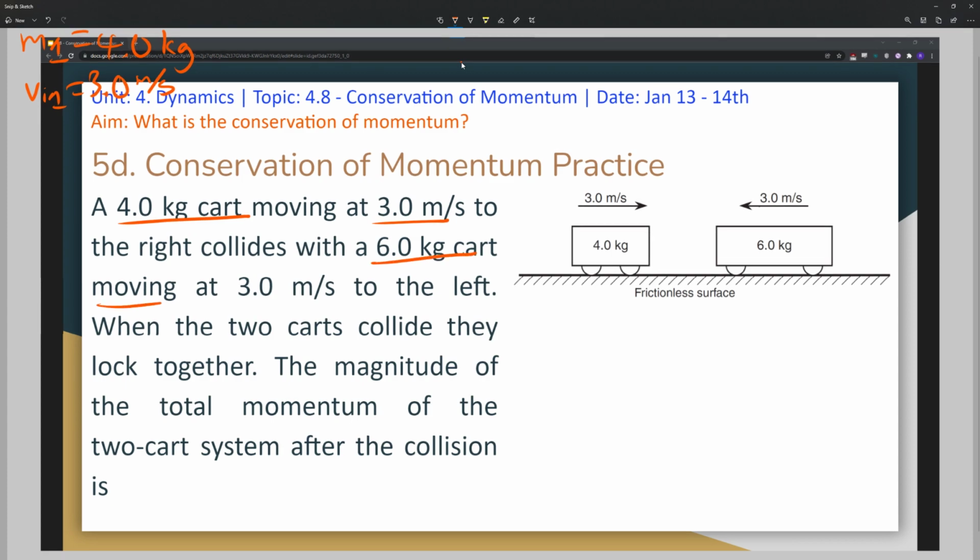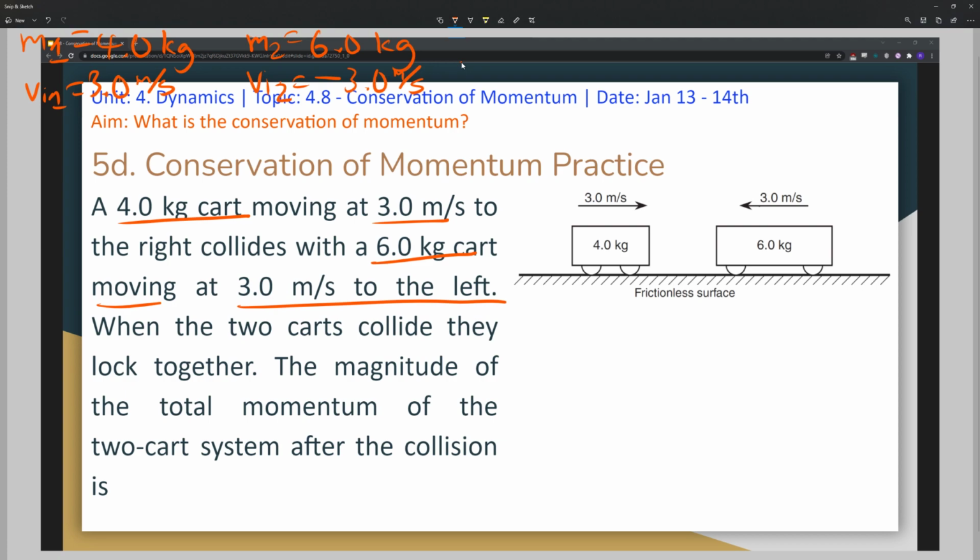It collides with a 6 kilogram cart, right? So the mass of object 2 is 6.0 kg, and it's moving to the left. So the initial velocity of object 2 is negative 3.0 because you're moving to the left. When the two carts collide, they lock together.